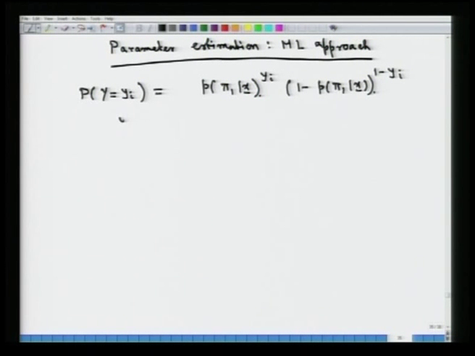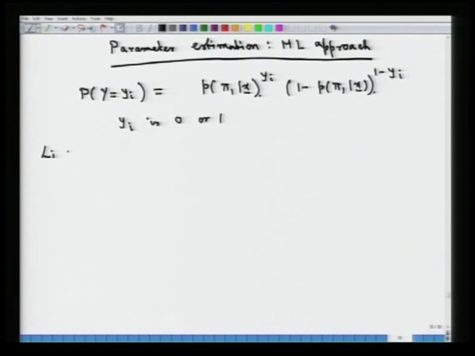Now yi takes either of two values, 0 or 1. We are looking at this as the conditional probability mass function given x. So y equal to 0 has probability 1 minus p(π1 | x), that is p(π2 | x), and the probability that y equals 1 given x is p(π1 | x).